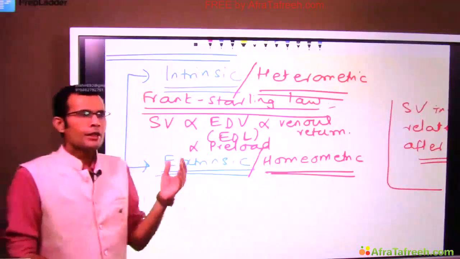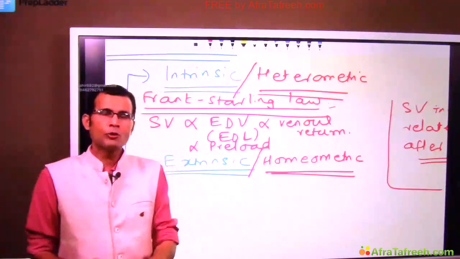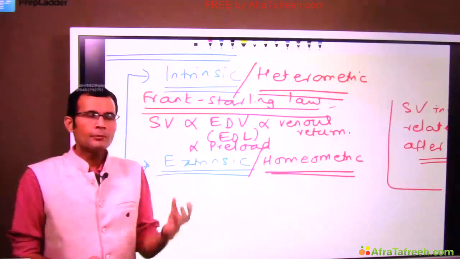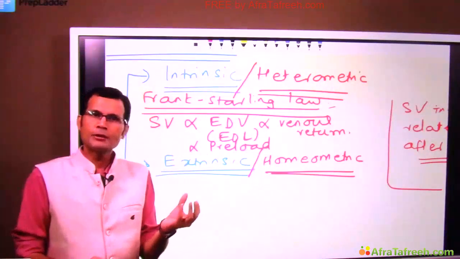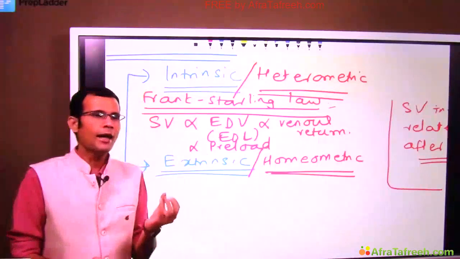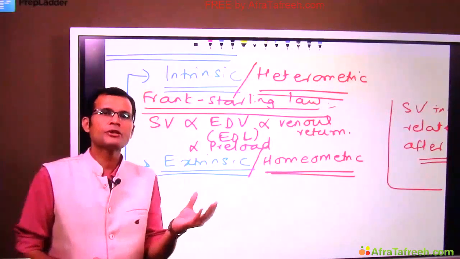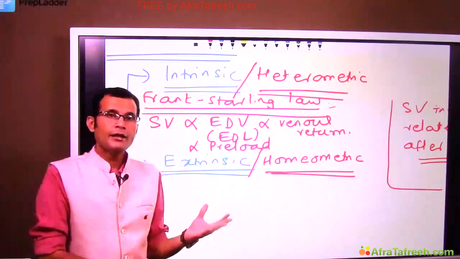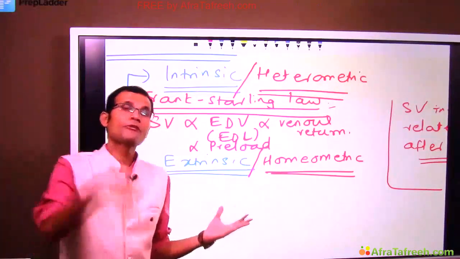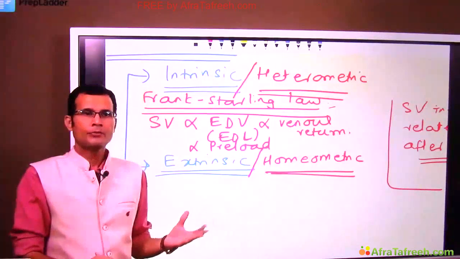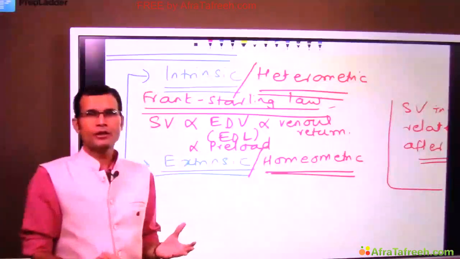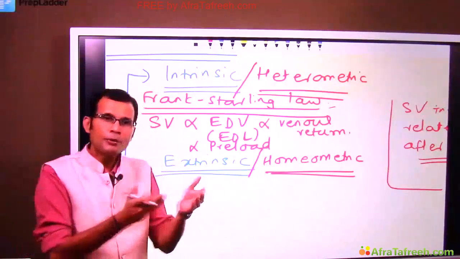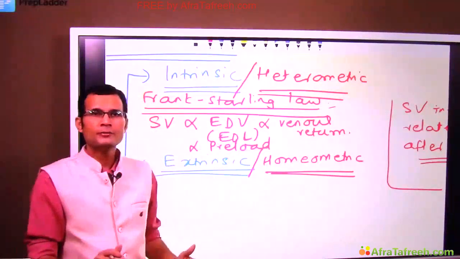Look, if the normal end diastolic volume is about 125 to 130 ml, that means by the end of the diastole, that much blood is filled in the ventricle and the ventricular muscle fiber will be stretched up to a certain extent. If the end diastolic volume becomes 150 ml, so greater filling of the ventricle during diastole means the end diastolic length will be greater.